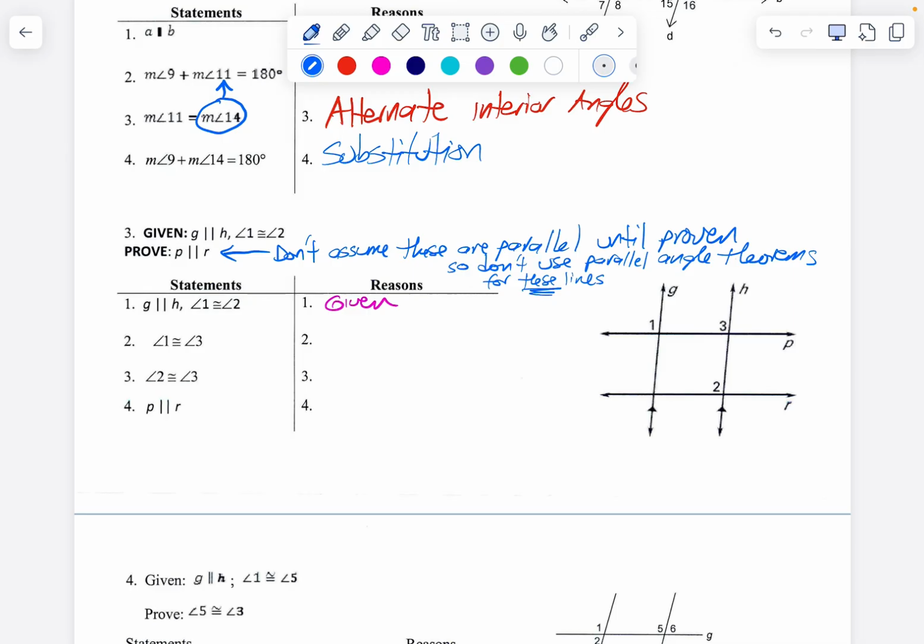So don't use any parallel angle theorems for those lines. We can use them in this case for G and H, because G and H were told to be parallel. And you can see that notation down here in the bottom right. Those ones have the parallel notation. P and R do not. So do not use anything on P and R that's parallel.